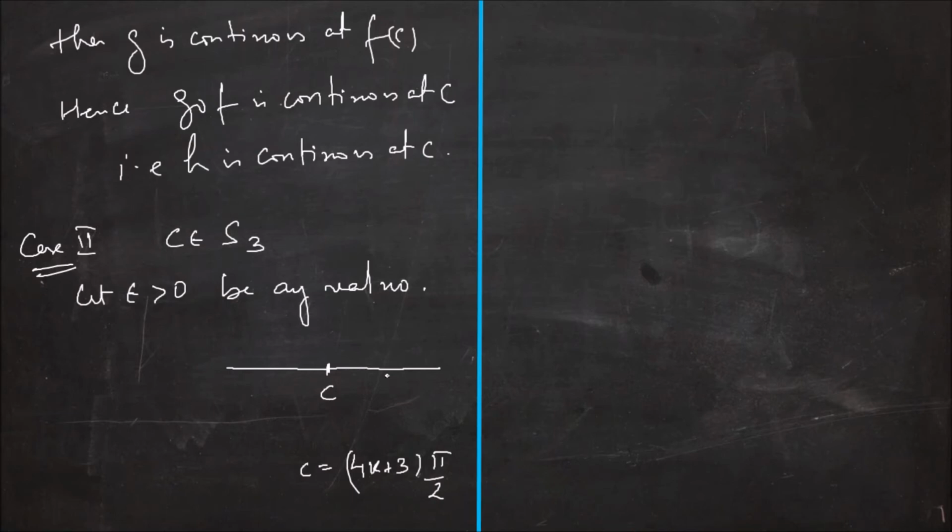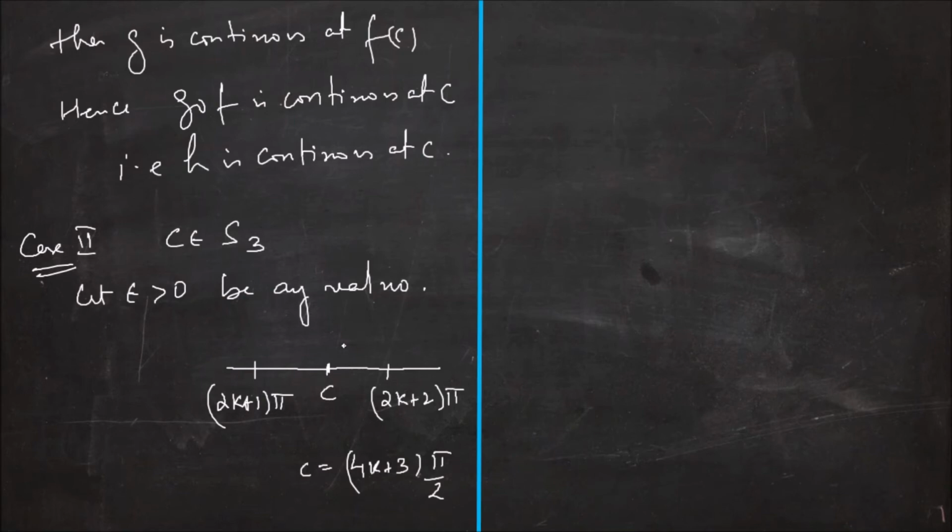If I add π/2 here, then I get (2k+2)π, and if I subtract π/2, then it is (2k+1)π, and this is c.